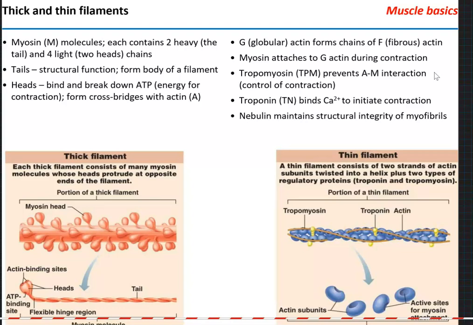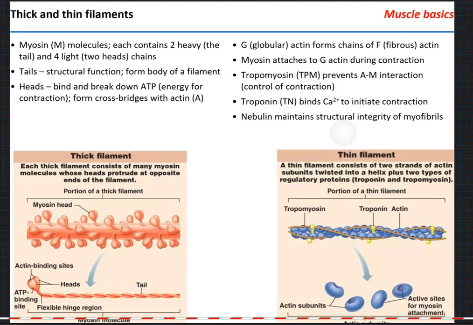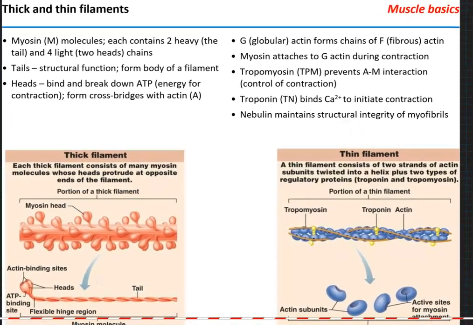So now let's look at the structure of thick versus thin filaments. Thick filaments consist of molecules of a protein called myosin. Each myosin molecule contains two heavy chains that form the tail and four light chains that form heads.